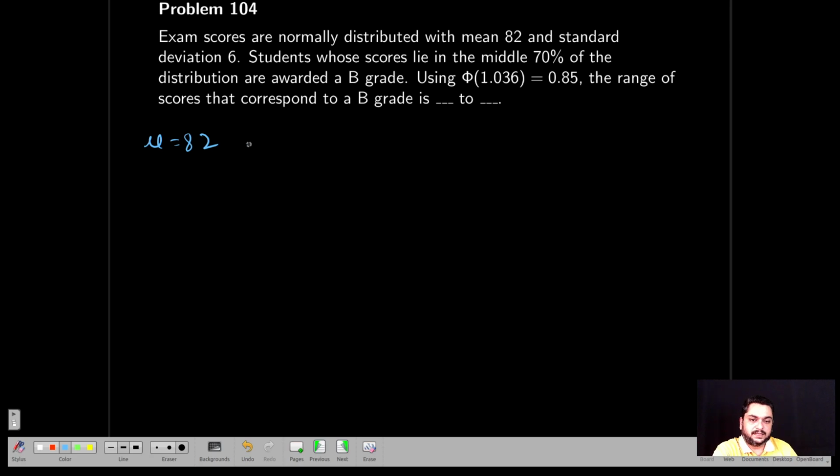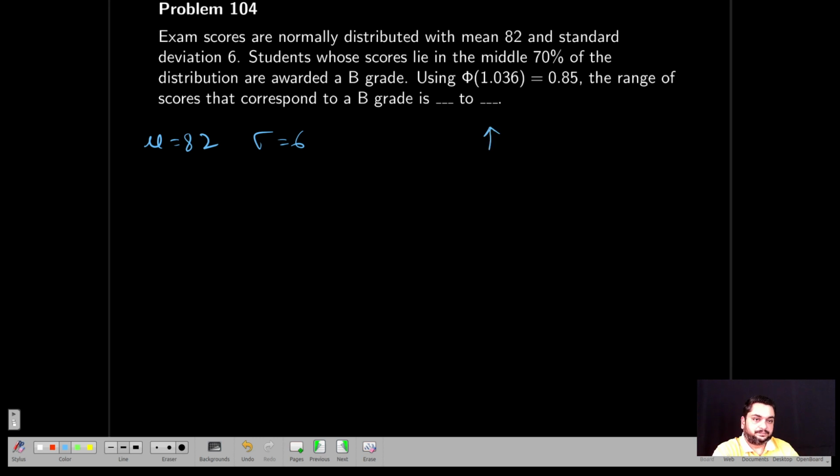Exam scores are normally distributed with mean mu equal to 82 and standard deviation 6. Students whose score lies in the middle 70% of the distribution are awarded a B grade.